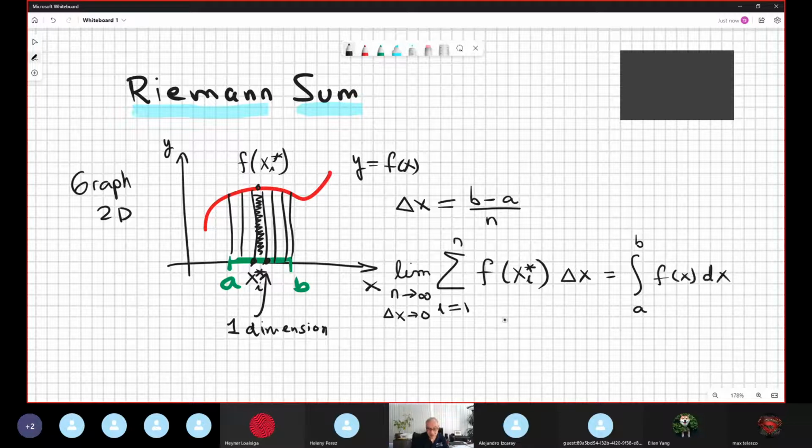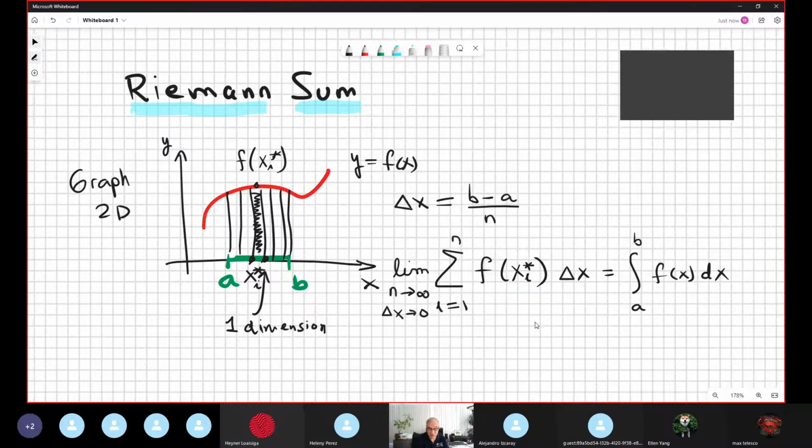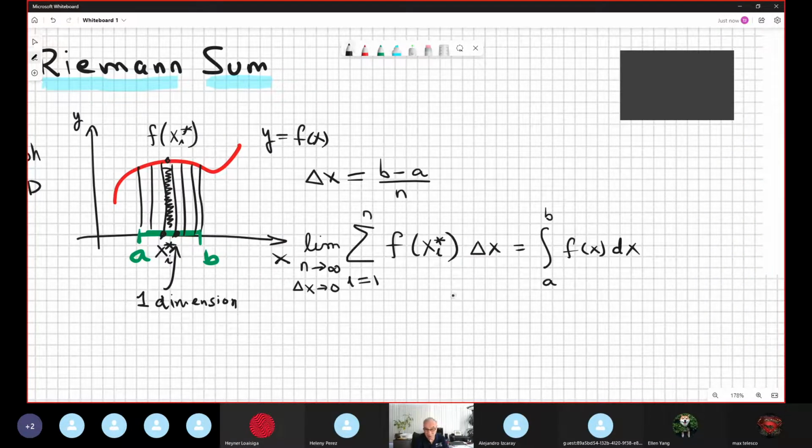So now we study two semesters working in this special way, calculus 1 and 2. And we determine the antiderivative, so the indefinite integral.